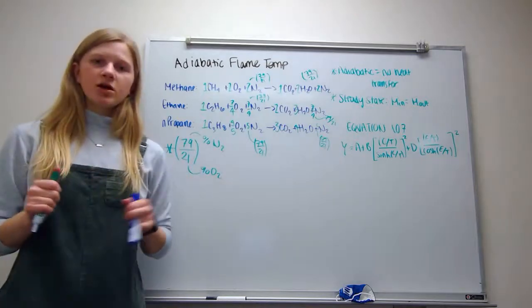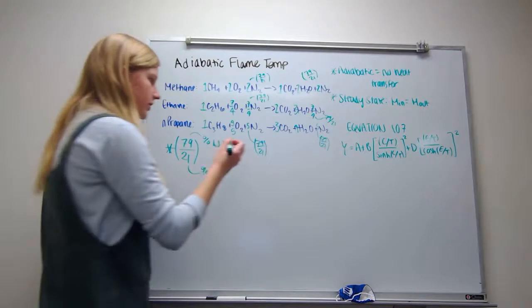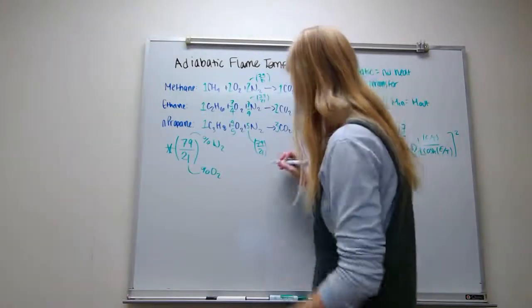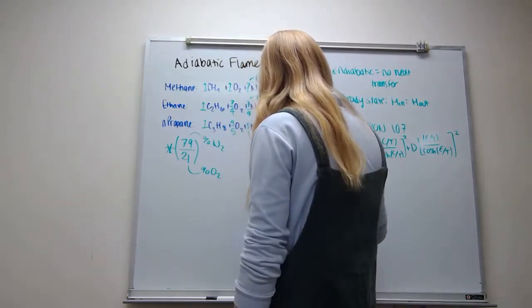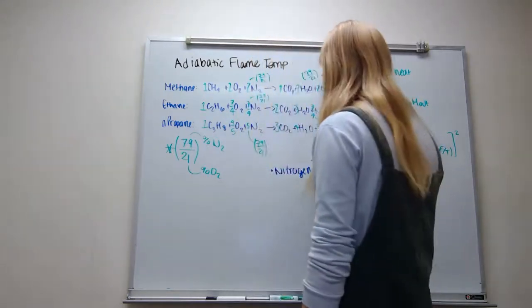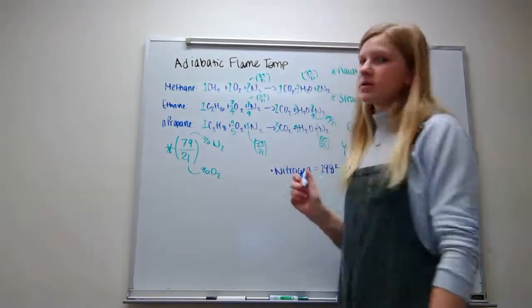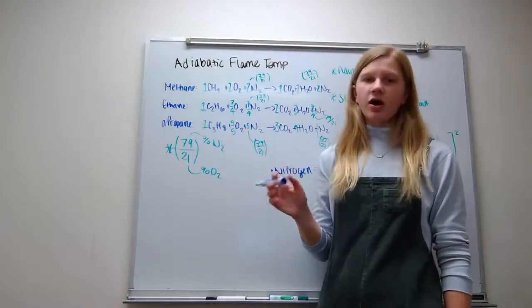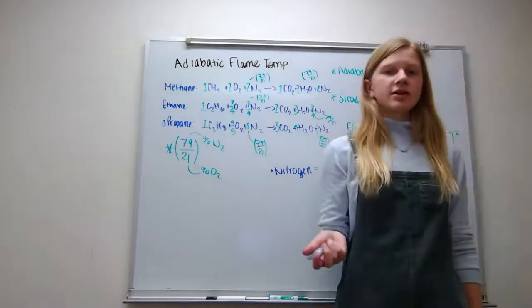It'll make more sense when we go to Colab. I'll just make a couple last minute notes here. Our nitrogen, since it's in the air, the initial temp is 298 Kelvin. If we were using pure oxygen, our flame would be much hotter, but since we're using air, we also have to raise the nitrogen temp.